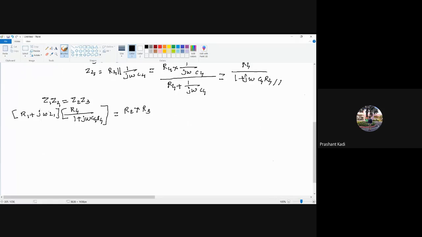See, I will shift the term 1 plus j omega C4 R4 to the right side. What remains is R1 multiplied by R4, R1 R4 plus R4 j omega L1, equals R2 R3 into bracket 1 plus j omega C4 R4.